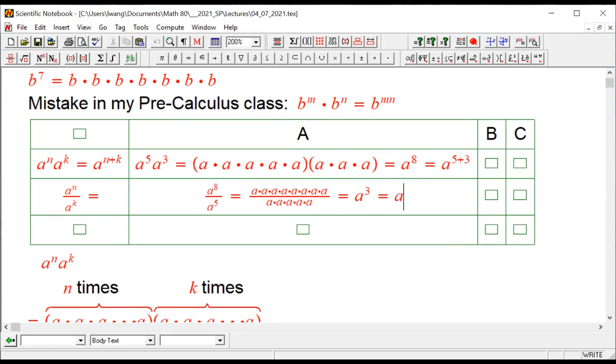A to the power of 3, how else can you get 3? 8 minus 5, right? So 8 is in the place of n, 5 is in the place of k. So this formula should be a raised to the power of n minus k.